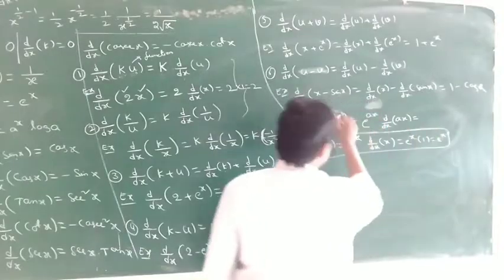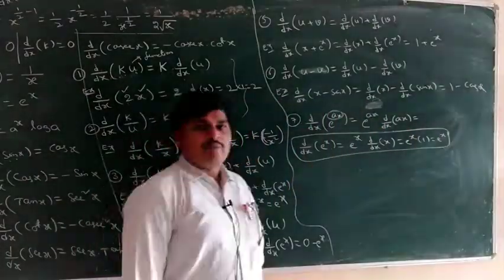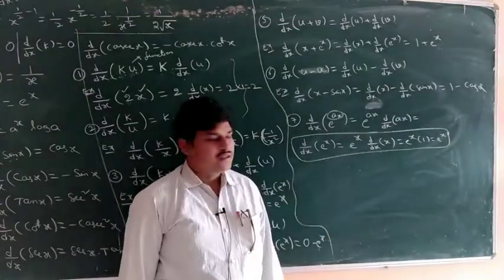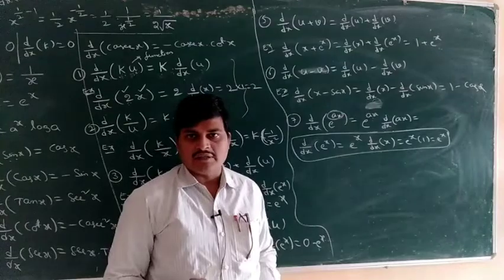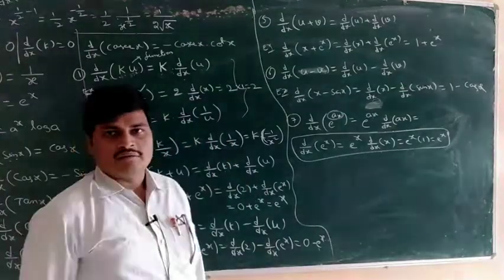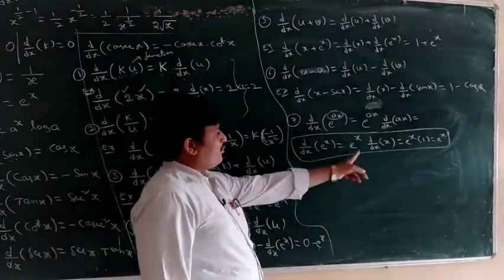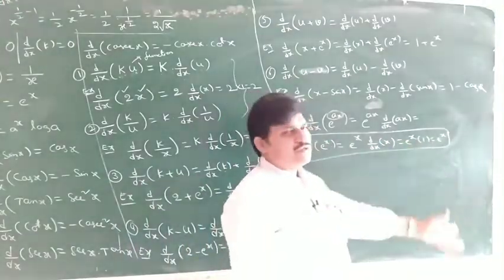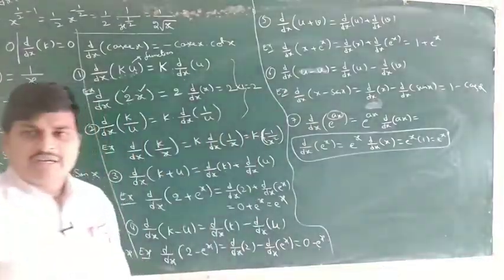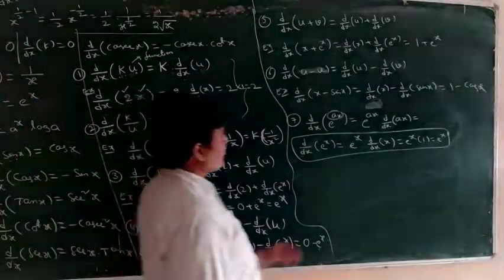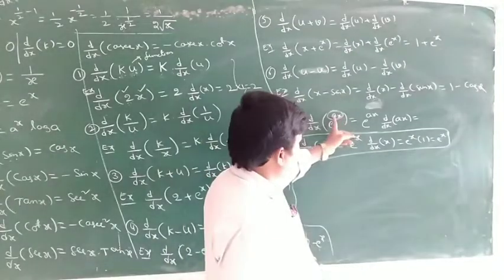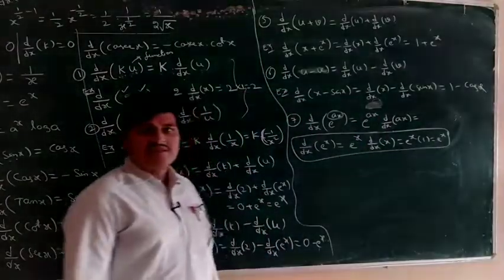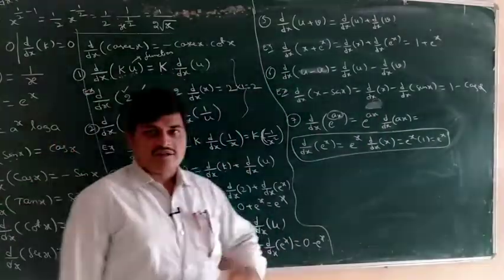Anything into 1 is equal to anything, so 1 means leave it. But the derivative of ax is not 1.